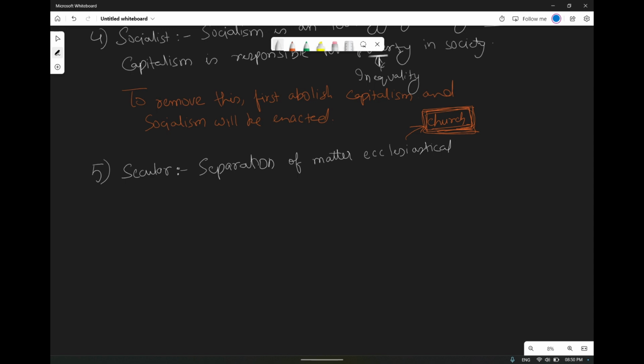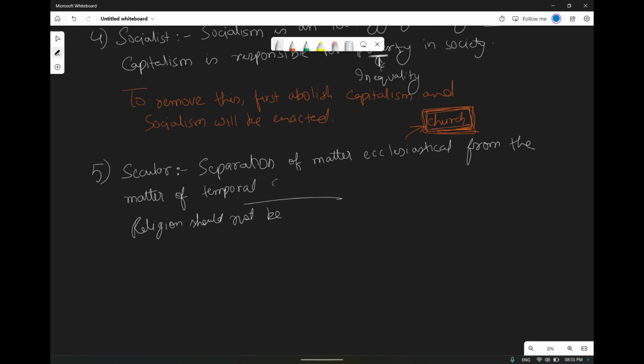Okay, from the matter of temporal. What temporal? Temporal religion. Religion should not be interfering with the state work.